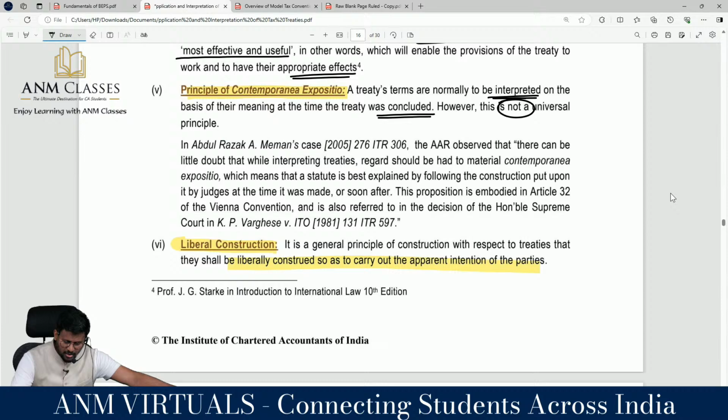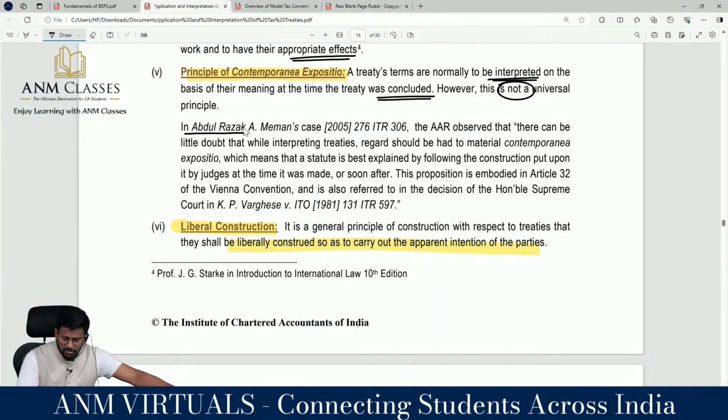However, this is not a universal principle. Sir Abdul Razak will not stay quiet.